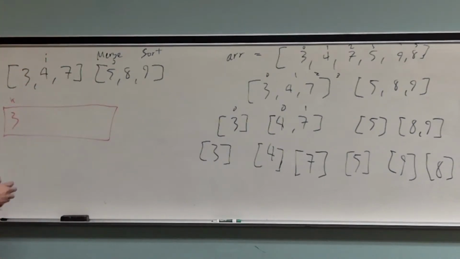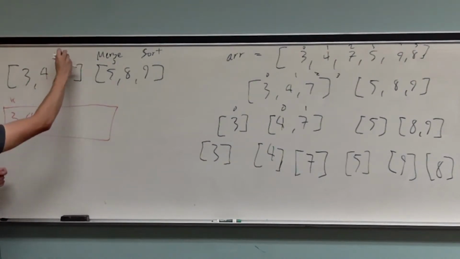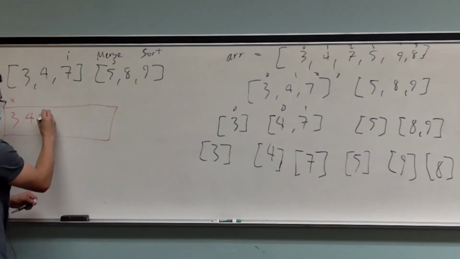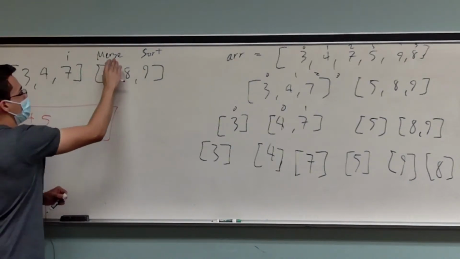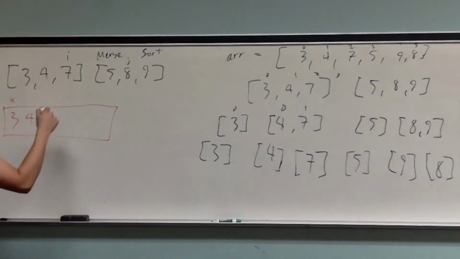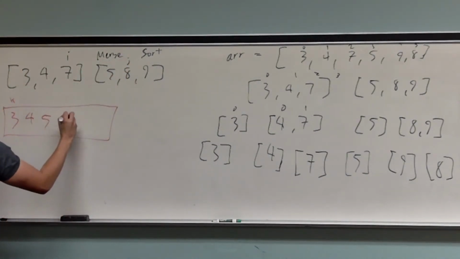And when we keep doing that, we see that 4 is still less than 5. 4, move that up. And now this one's the smaller one. So now we put this one, we move this one up. Right? Now this one's the smaller one. We put this one in here.